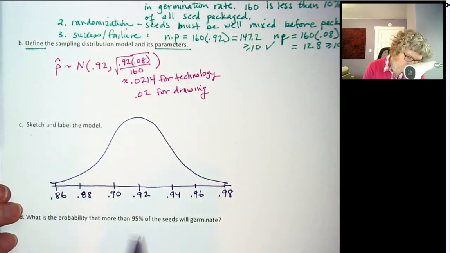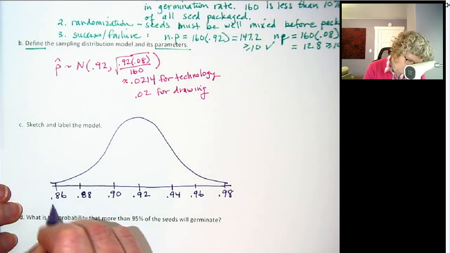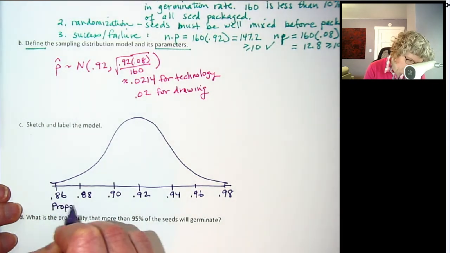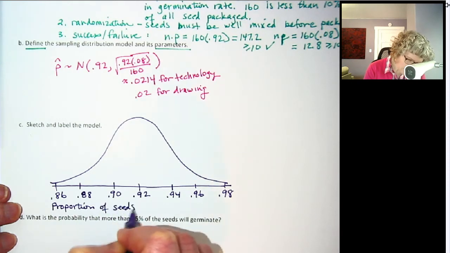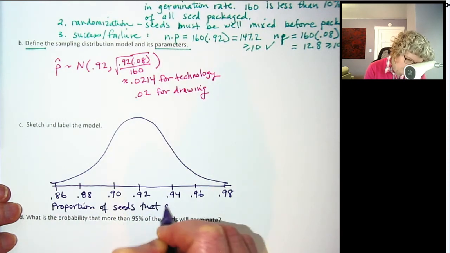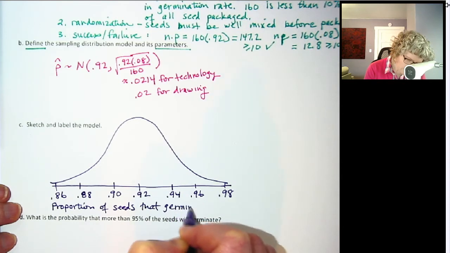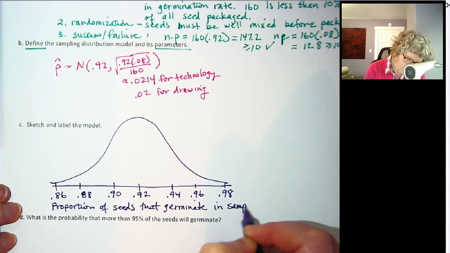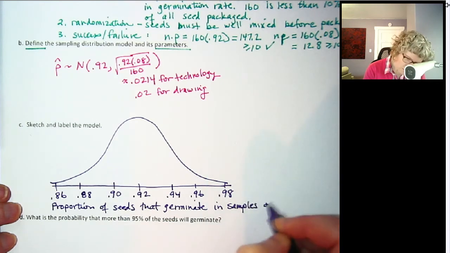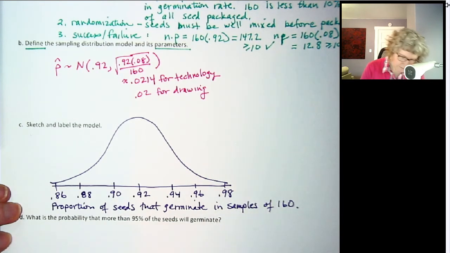Okay, so this is the proportion of seeds that germinate in samples of 160.